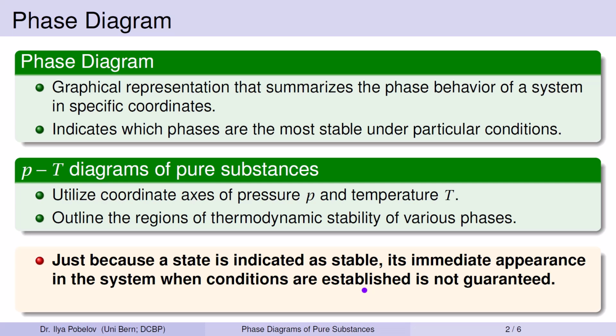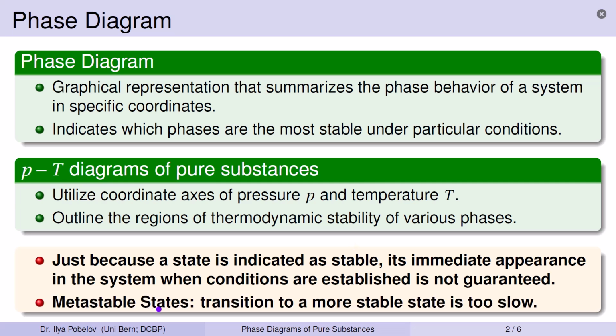Achieving equilibrium can sometimes be a lengthy process, especially when transitioning between solid phases. This can lead to the occurrence of metastable states. While these states aren't the most thermodynamically stable, they can persist for a long time because their transition to a more stable state is exceptionally slow.